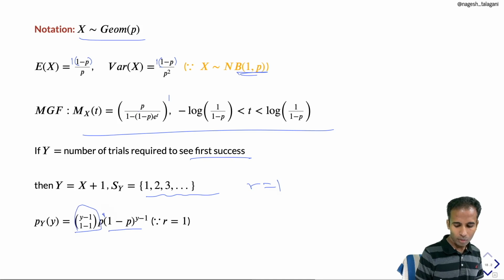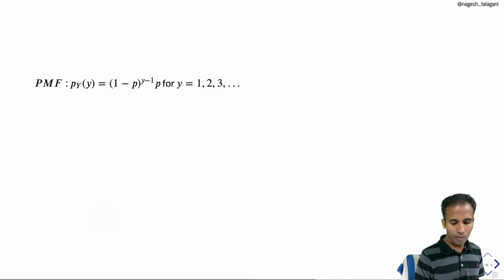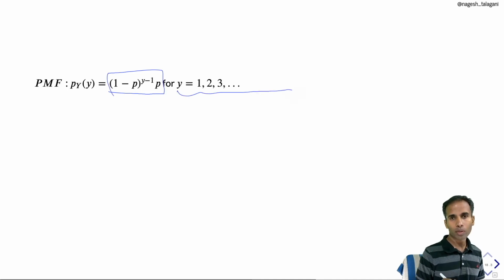Therefore, the PMF of Y, P_Y(y), is going to be (1 minus p)^(y minus 1) times p for y equal to 1, 2, 3, and so on.